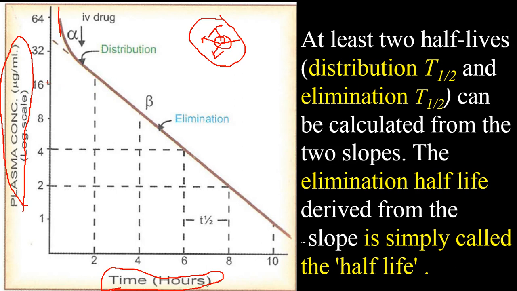For example, we have to calculate time. So we have to come from concentration and find out time. Concentration is 16 microgram per ml. Again it is in log scale, but anyway it is 16 at, let's suppose, 2 hours, and now when it is 8, it is at this time.